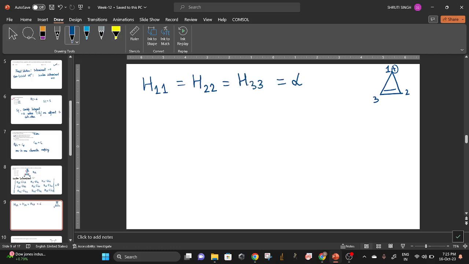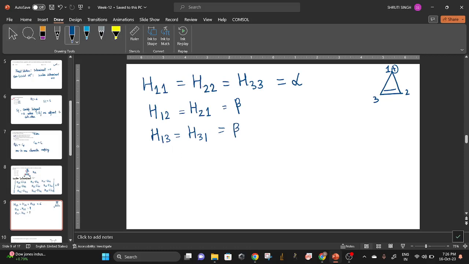And H12, H21 equals beta, H13, H31 equals beta, and so on.